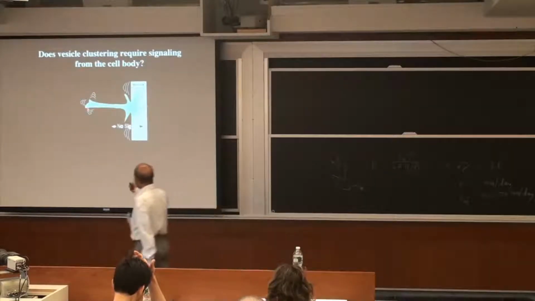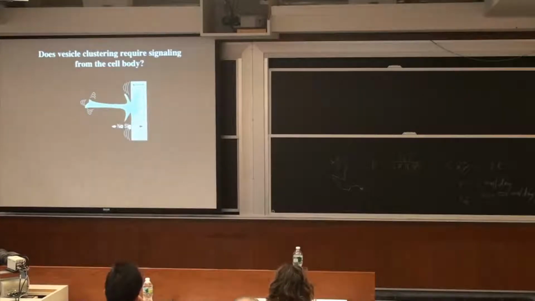If you cut the axon in the middle, it turns out that the vesicles at the end, which are supposed to be very high at the neuromuscular junction, as I showed you in the earlier viewgraph, have now dropped. You can imagine, because there is no connection to the cell body, they are not clustering anymore.